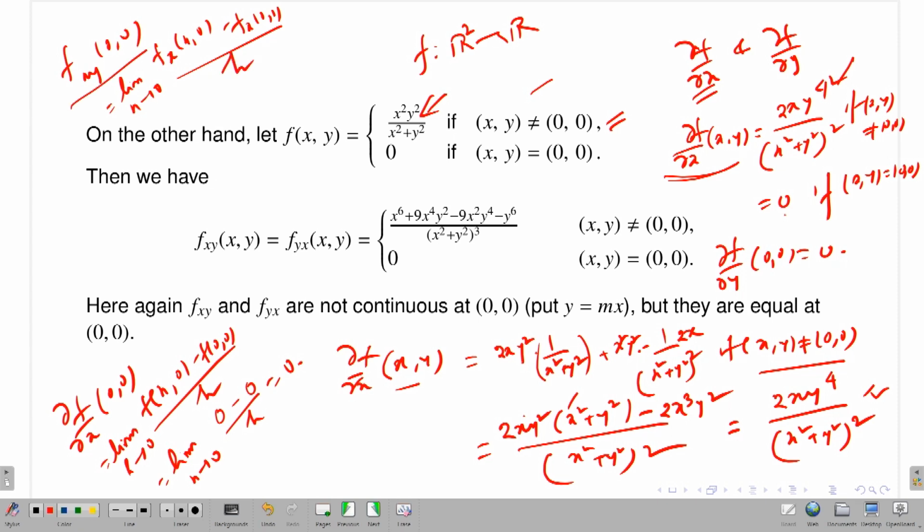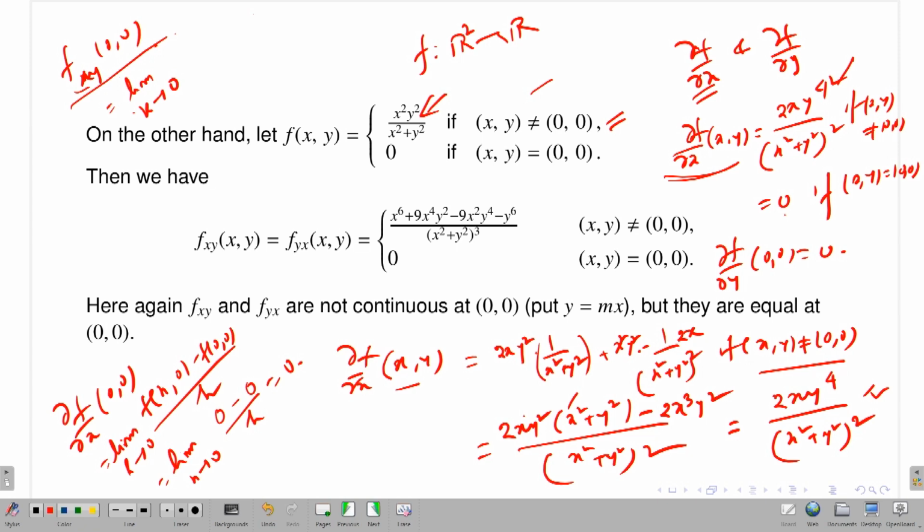That is the definition of f suffix x comma y, x times y at 0 0. That means you perform the first partial derivative of f with respect to x variable and then y variable. Oh sorry, I think this is a mistake. So this is not the case. So this should actually be limit k approaches to 0, because the partial derivative of f with respect to x is already done.